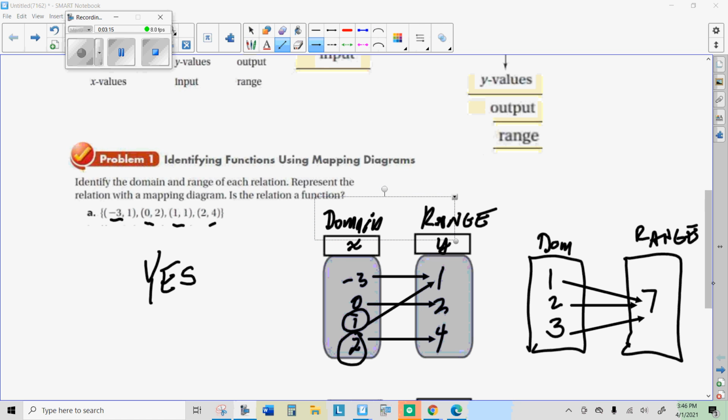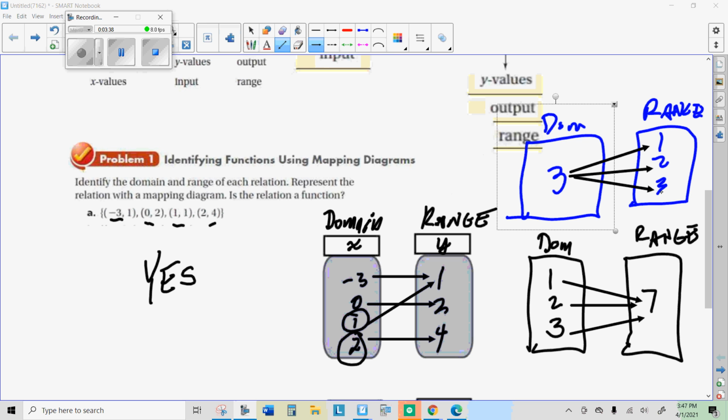If your mapping diagram turns out like this, it's still a function because I'm only getting one answer when I'm given an input. If I give you the input of 3, you tell me the answer is 7. As long as you're only telling me one answer, it's a function. Let me show you one where it's not a function when we're using a mapping diagram.